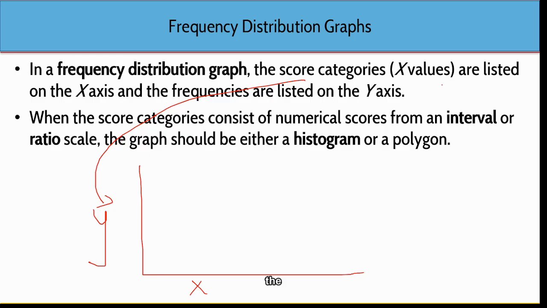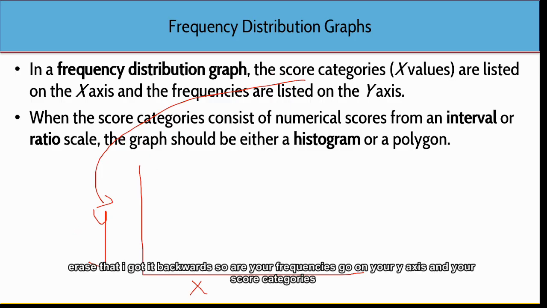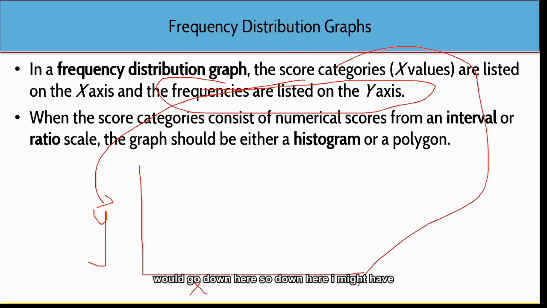Sorry, I apologize. Let me erase that. I got that backwards. So your frequencies go on your Y-axis, and your score categories would go down here. So down here, I might have 50 to 54, and then over here, say there were 5 of those, that would be where I would plot a dot.